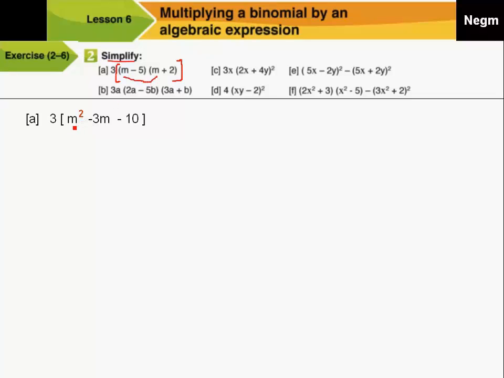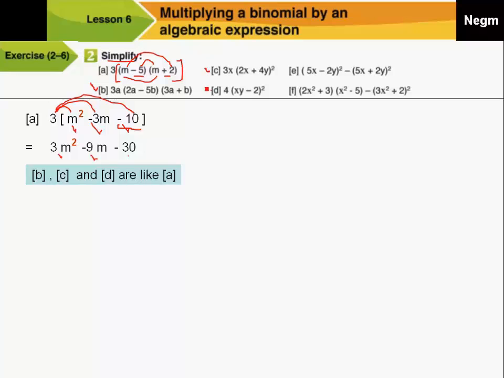M multiplied by m is m squared, minus 5m plus 2m is minus 3m, minus 5 times plus 2 is minus 10. This equals 3 multiplied by m squared is 3m squared. 3 multiplied by minus 3m is minus 9m. 3 multiplied by minus 10 is minus 30. And this is the simplification of A.